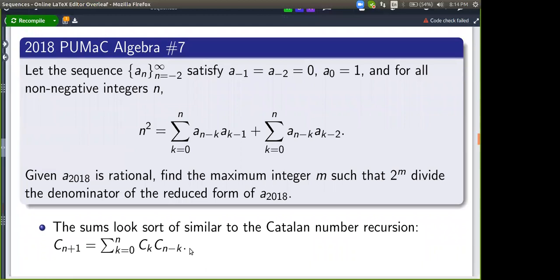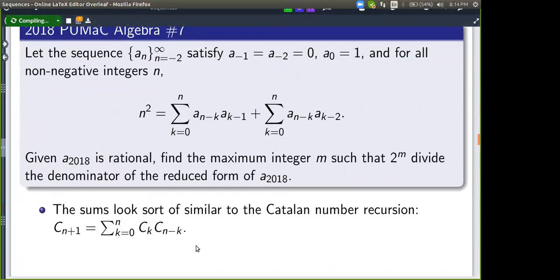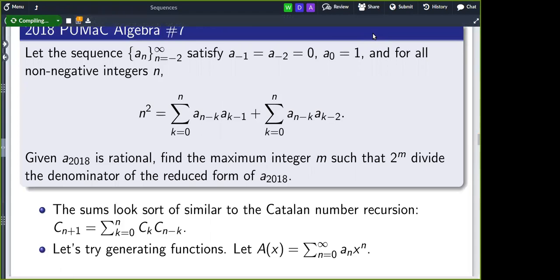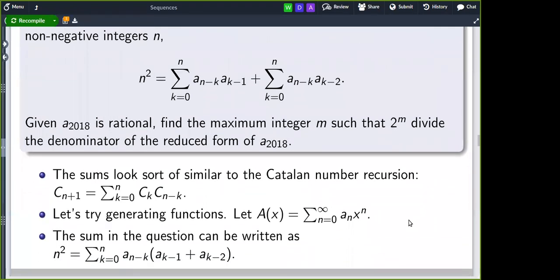We're just going to let a of x denote the generating function for a. And so if we go back to the sum in the question, I think Christopher was suggesting this to combine the terms in the sum. So we can just combine them into a single sum here, like this.